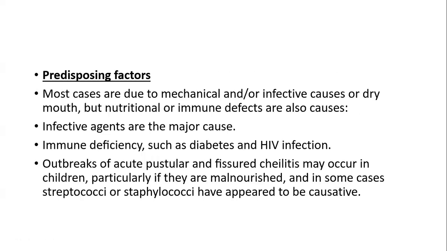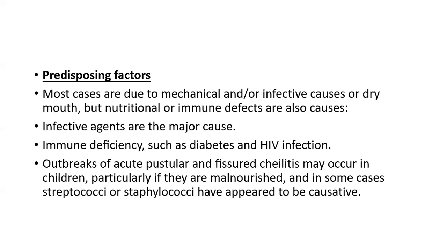Most cases are due to mechanical or infective causes or dry mouth, but nutritional or immune defects are also important causes. The infective agents have to be excluded. Immune deficiency such as diabetes and HIV should also be excluded.